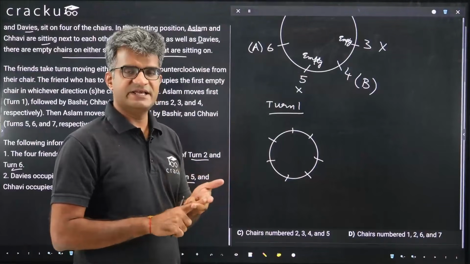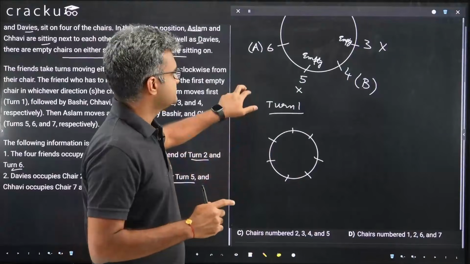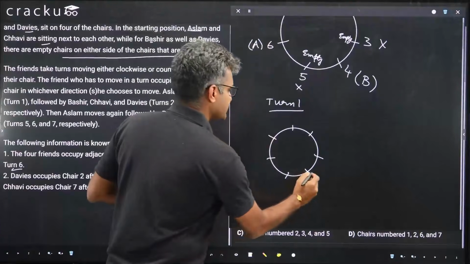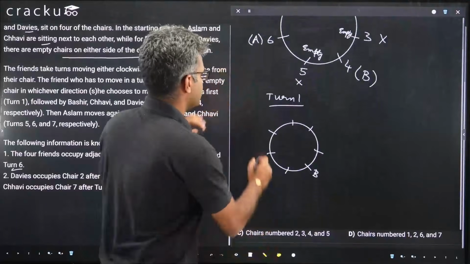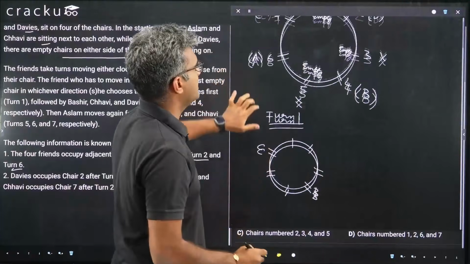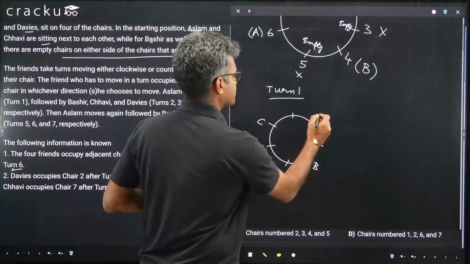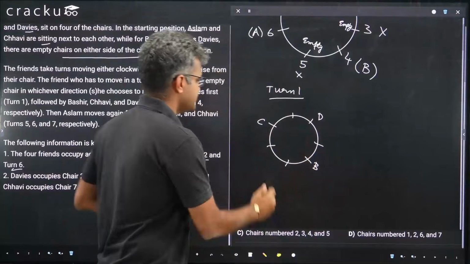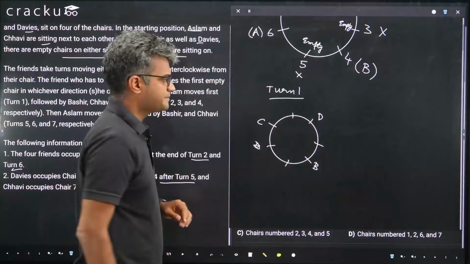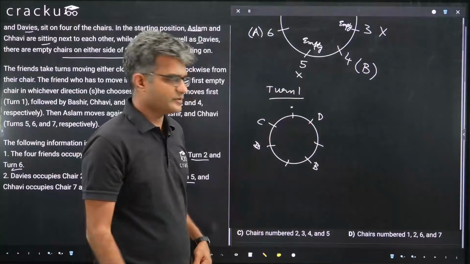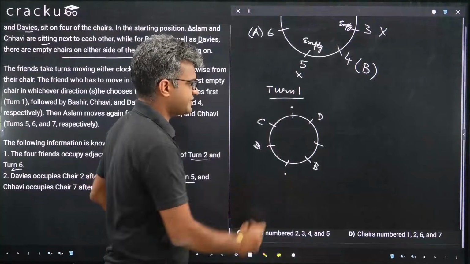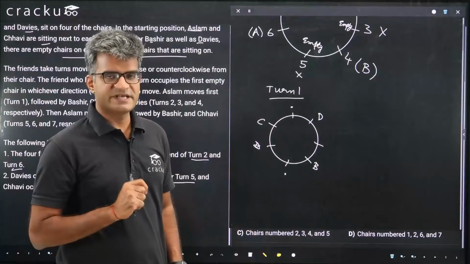B, C and D stay at the same place. Therefore, B will be over here, C will be over here, and D will be over here. This is where A was at the start. And A moves either over here to seat number 1 or he goes over here to seat number 5. One of these 2 places A will go.